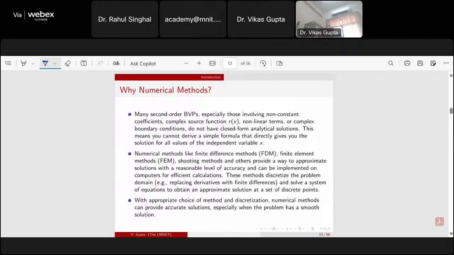So, for those problems which do not involve constant coefficients, and in fact, where the right hand side term, that source term, is complex, is represented by some complex functions, or if a second order boundary value problem involves some nonlinear terms, or boundary conditions themselves are represented by some difficult functions, in that case, still you can't find a closed form analytical solution.